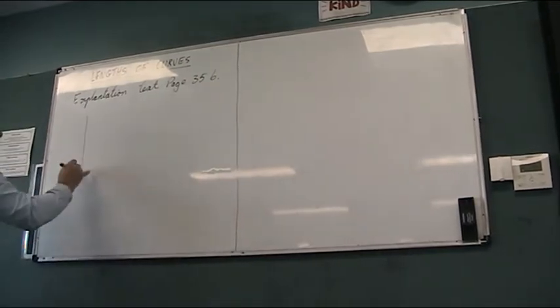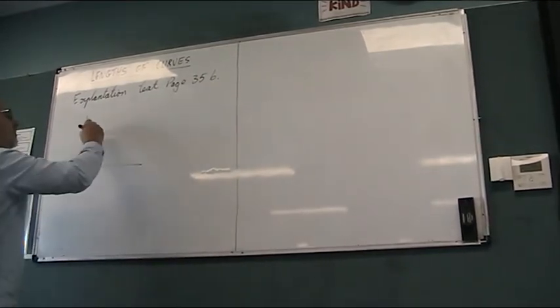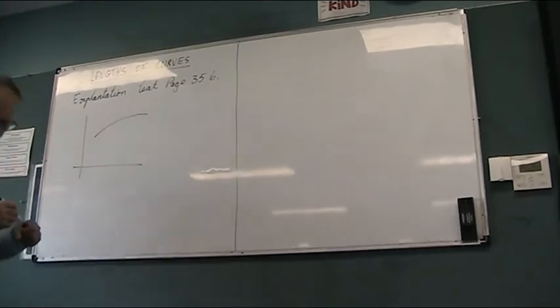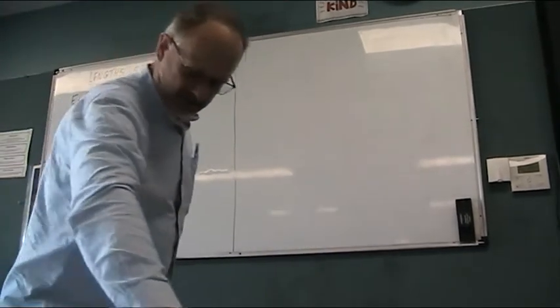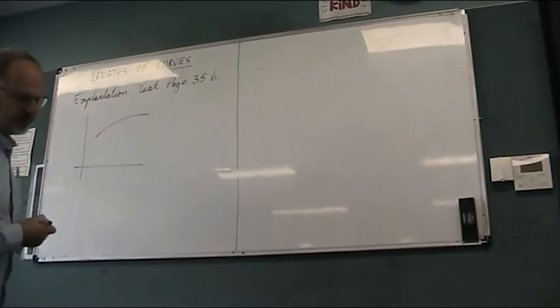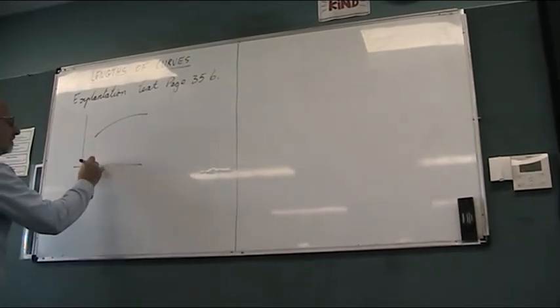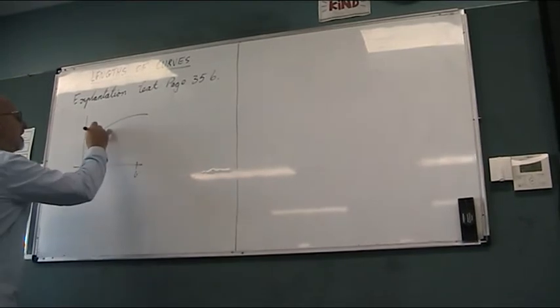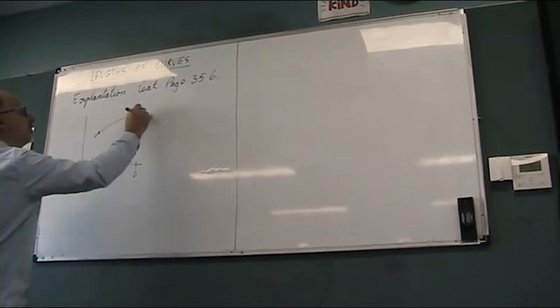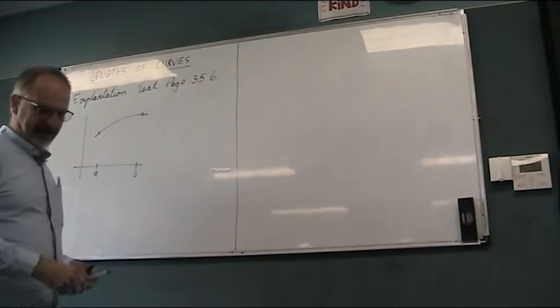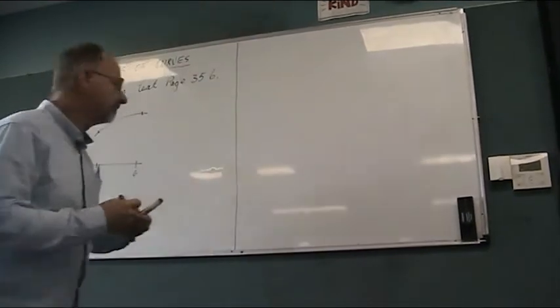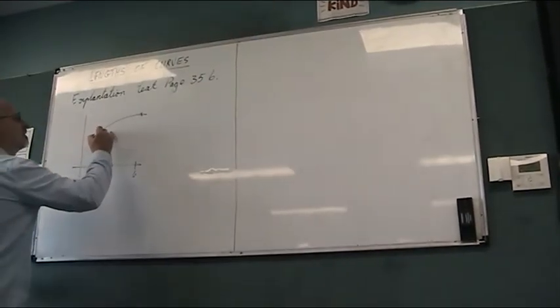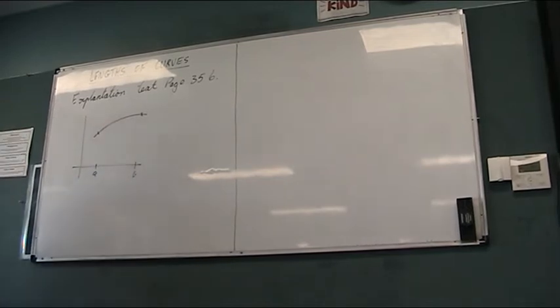But essentially, if we have a curve of some sort and we want to know the length of the curve between x equals a and x equals b, so this length in here. I want to know how long that is there.